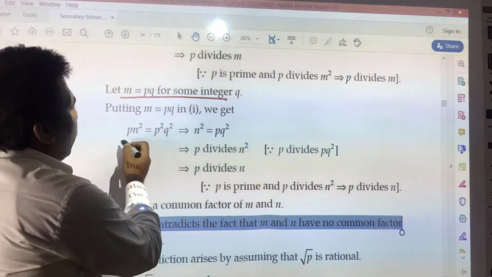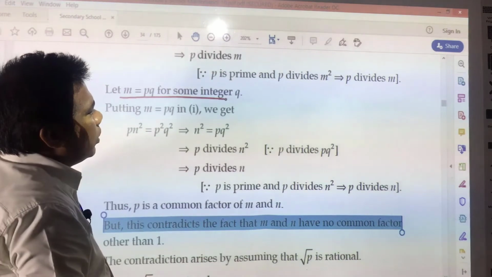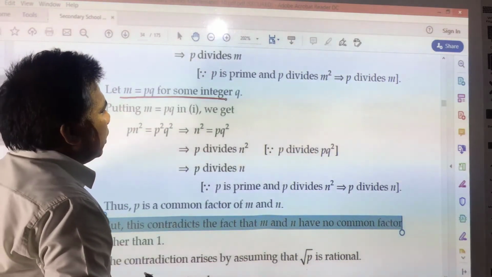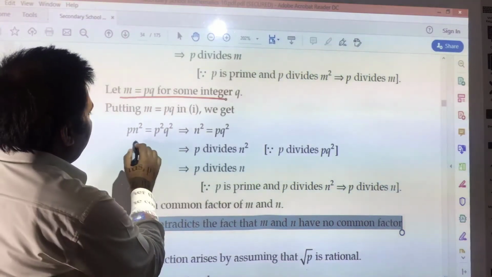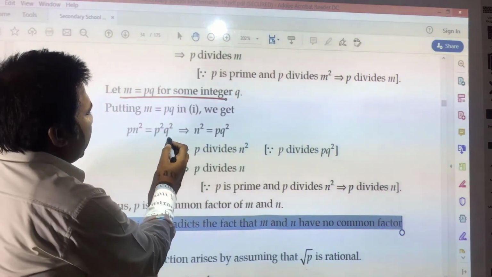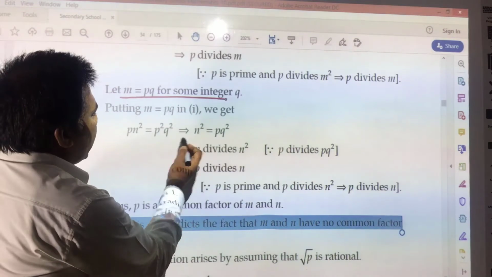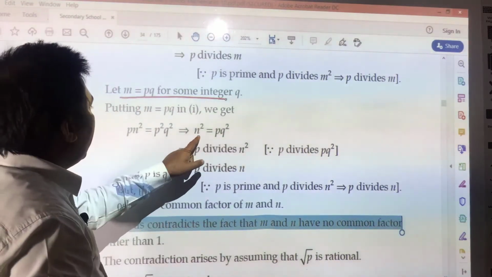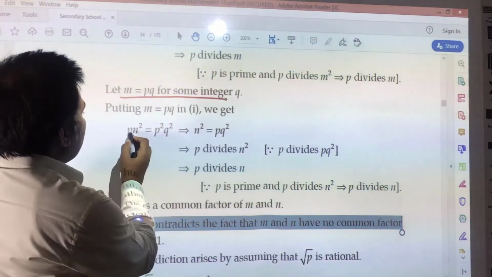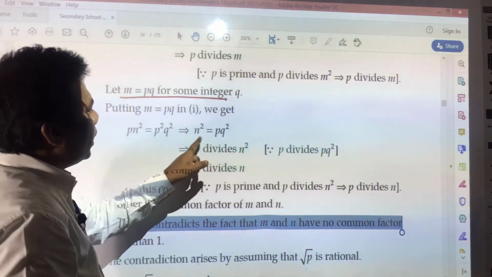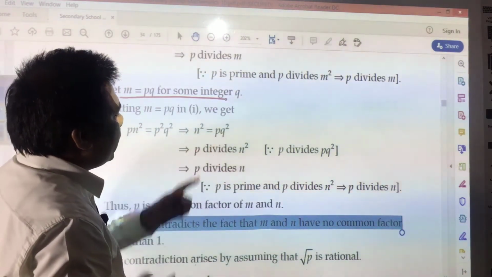This you have already done when you were proving root 3 is irrational, or root 2 is irrational, or root 5 is irrational. Pn square is equal to p square into q square, and that implies n square is equal to p q square. Here p and p square get cancelled.